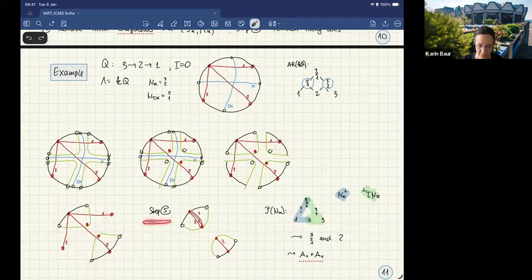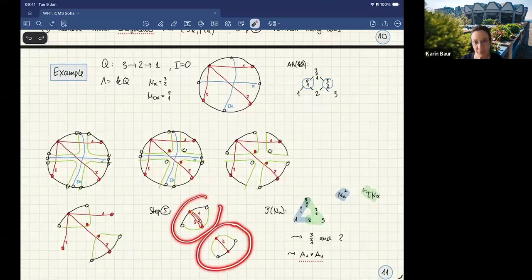In step 5, I have to see what happened with the tiling given by the algebra. Well, these arcs 1, 2, 3, they all have to end at another red point. So this gives me a single arc. And on the other side, I have a single arc. So I have 2 surfaces which are quadrilaterals. That means I have A1 cross A1, and that's my new module category.